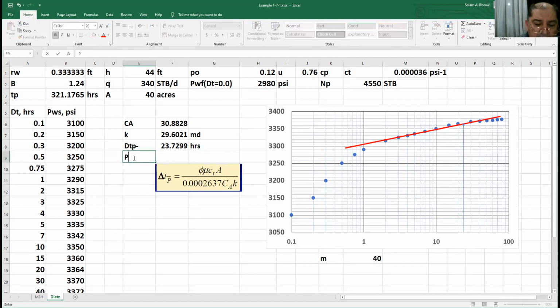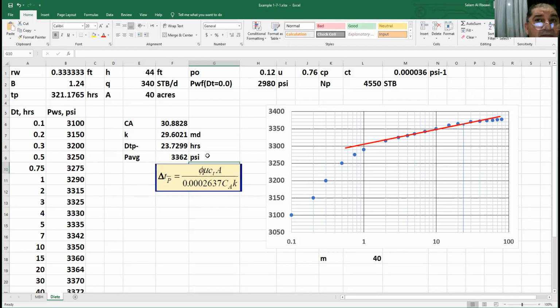So P average in this case by Dietz is 3362 psi.